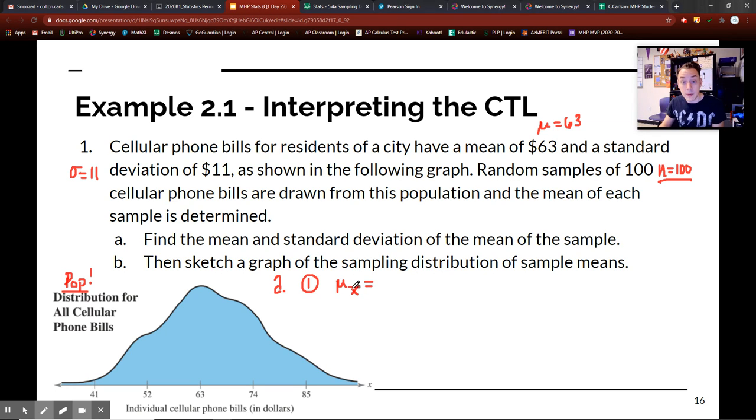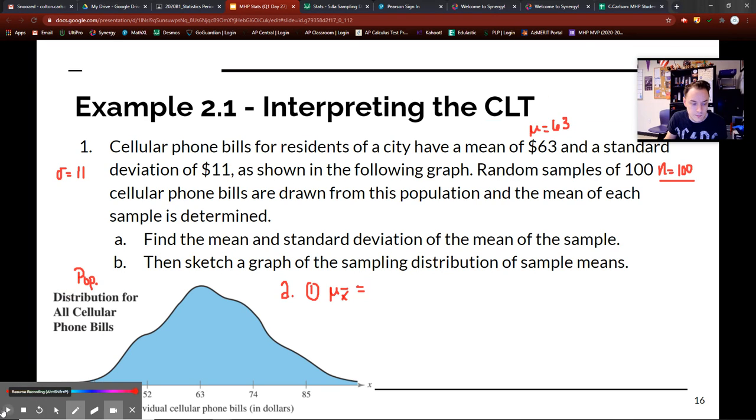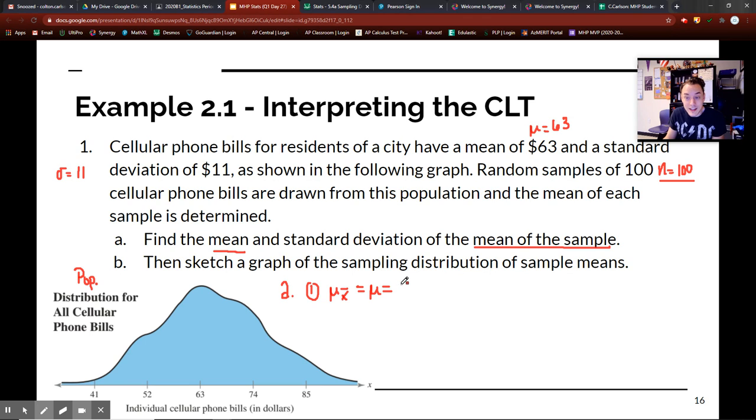So given the central limit theorem, the mean of my sample means will equal the population mean. So what's the population mean? They tell us in the problem, and that's 63.